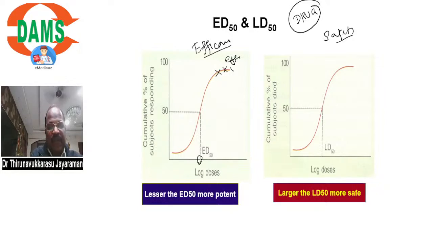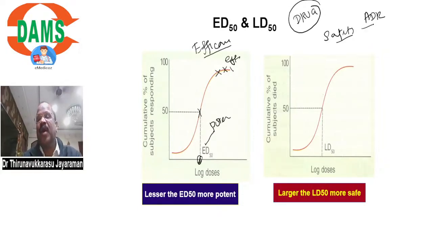The dose at which 50% response, that is called ED50. That's called potency.